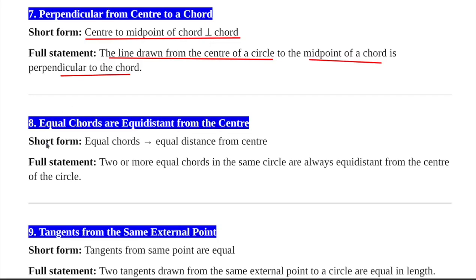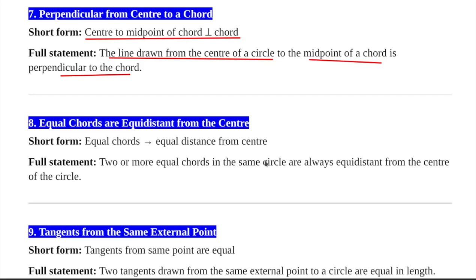Number 8, equal chords are equidistant from the center property. Now this one is self-explanatory. Let's check the full statement. 2 or more equal chords in the same circle are always equidistant from the center. If you draw 2 chords or more in one circle such that those chords are equal, they are going to be equidistant from the center.